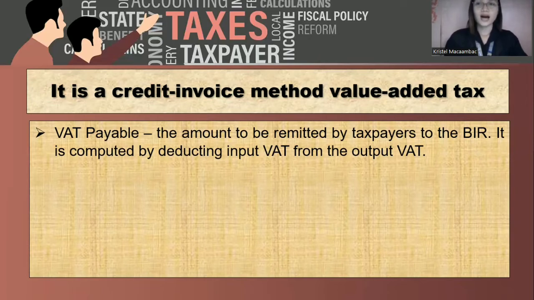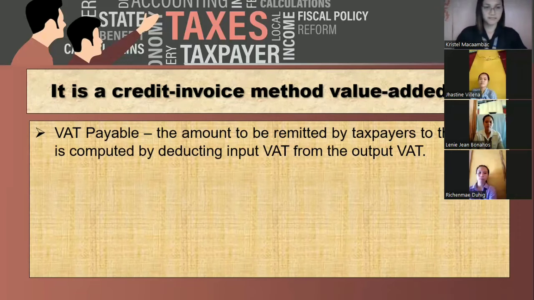As stated here, VAT payable is the amount remitted by the taxpayer to the BIR. So this is the net amount that is paid by the taxpayer to the BIR.